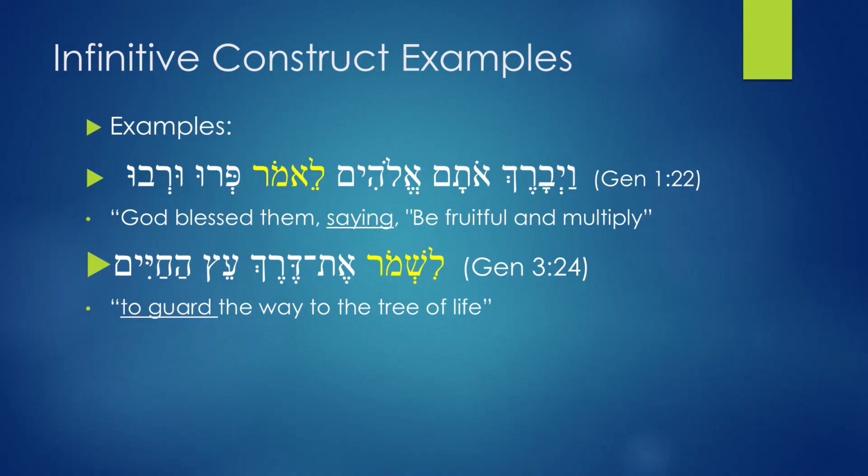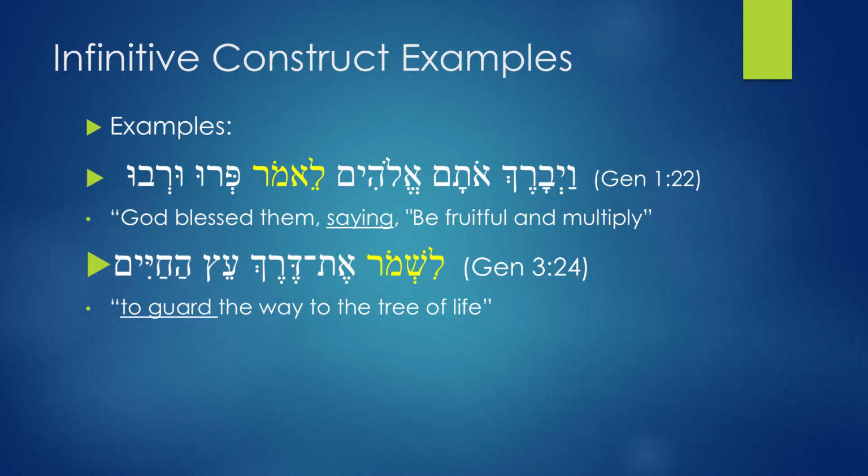And so the translation you're going to have: God blessed, wayeverech from barak, which means to bless. So you have, and he blessed, otam means them, Elohim means God. So, and God blessed them, lemor. Lemor means to say. This is an infinitive, it means to say.